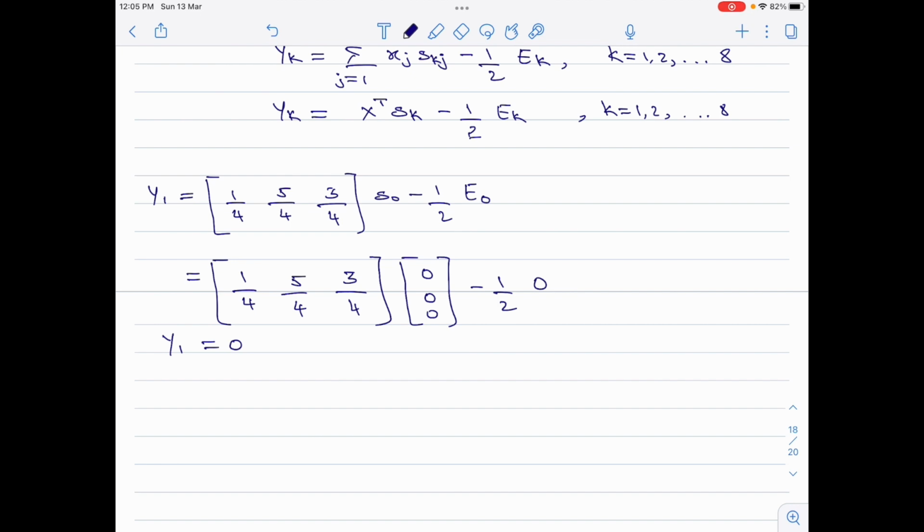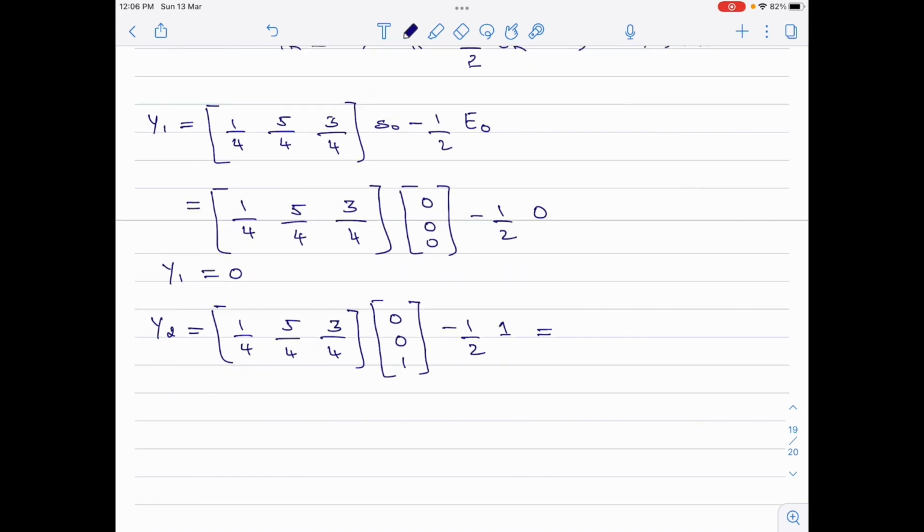Let us now in a very similar fashion compute the remaining elements. Y2 is equal to 1 by 4, 5 by 4, 3 by 4 multiplied by the column vector for S1, 0, 0, 1, minus 1 divided by 2 into energy of the first signal, which is 1.